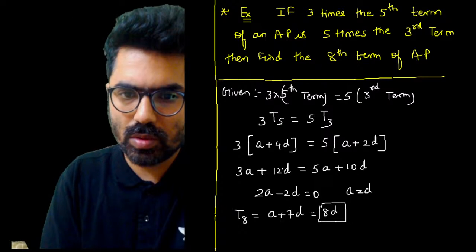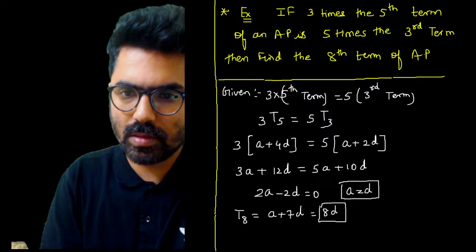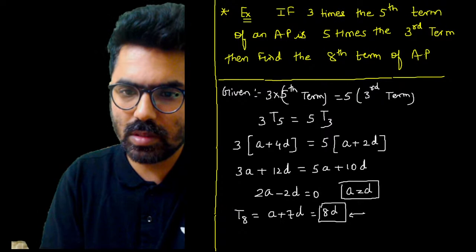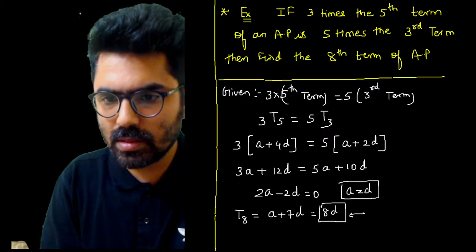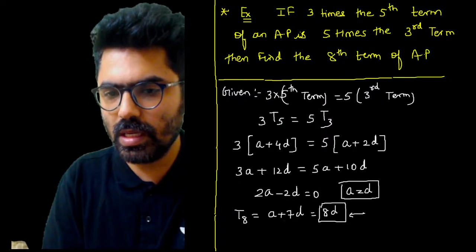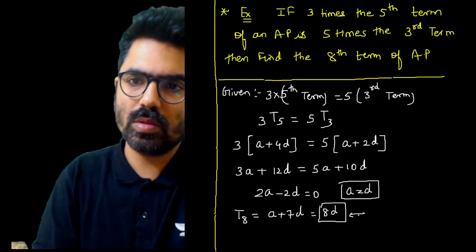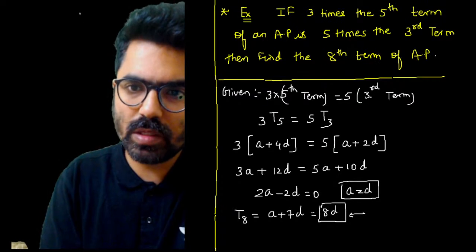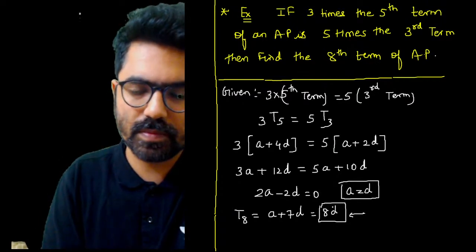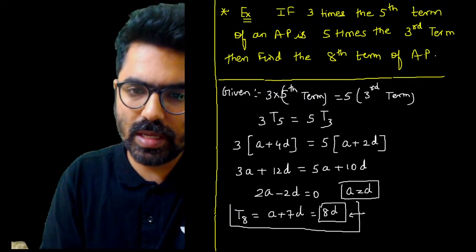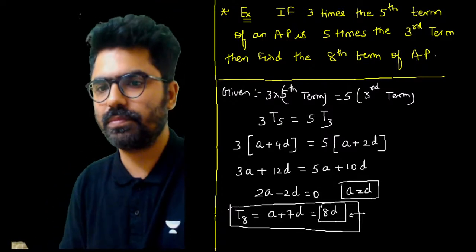So 2D is equal to 2A, A equals D. So the 8th term will be 8 times D, since A is D over here. I think more information will be given so that you can find the value of D as well. So this is the 8th term of that particular AP.